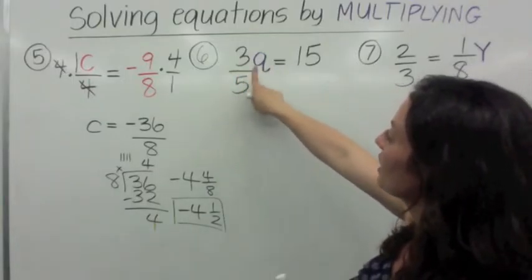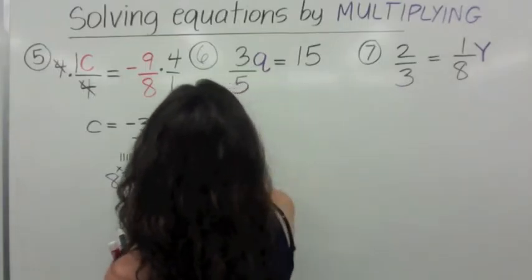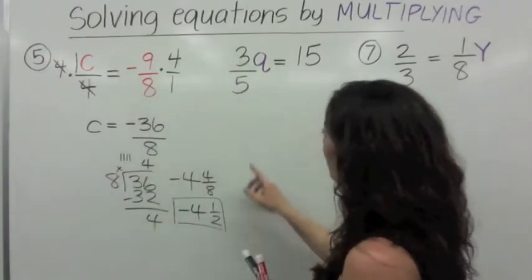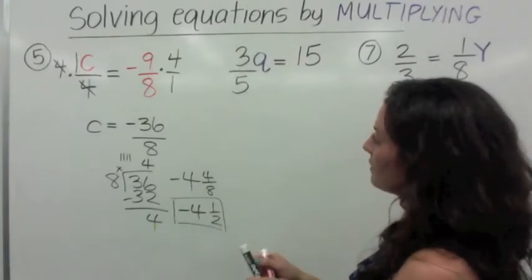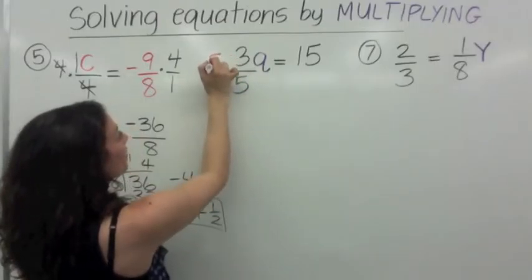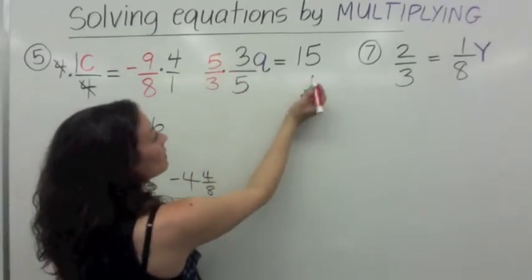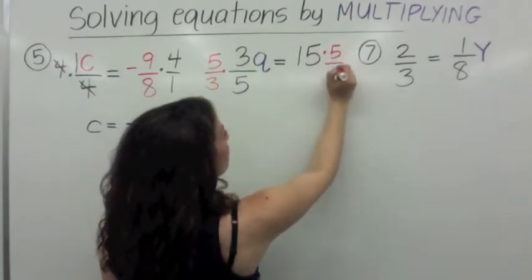So look at the fraction that's touching the variable, and what you need to do is multiply by its reciprocal. What is the reciprocal of 3/5? Flip the fraction. We're going to multiply it by 5/3, and this way, we're also going to multiply 15 by 5/3.